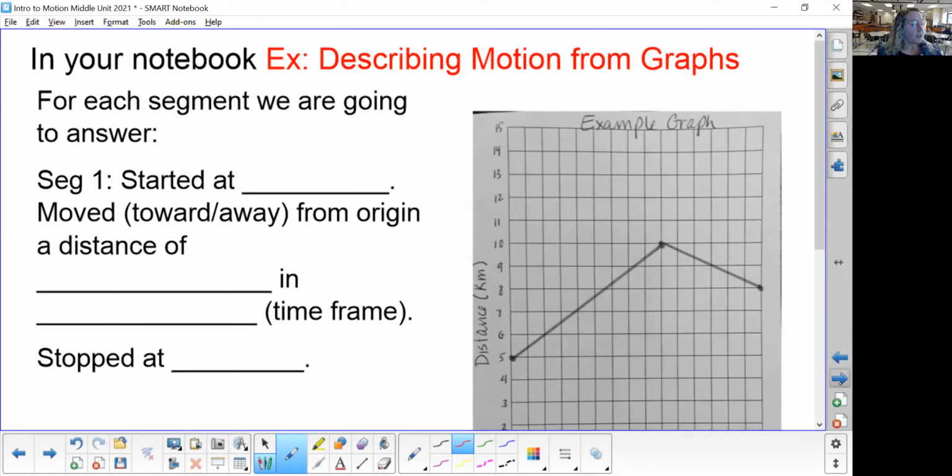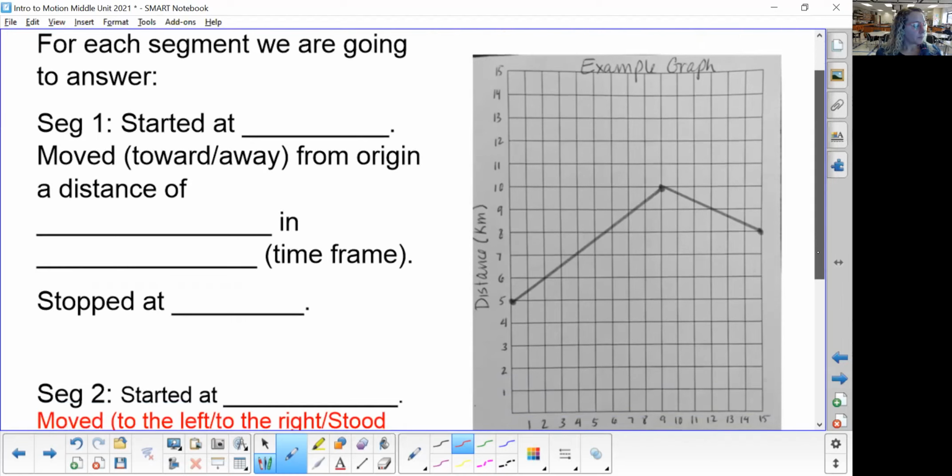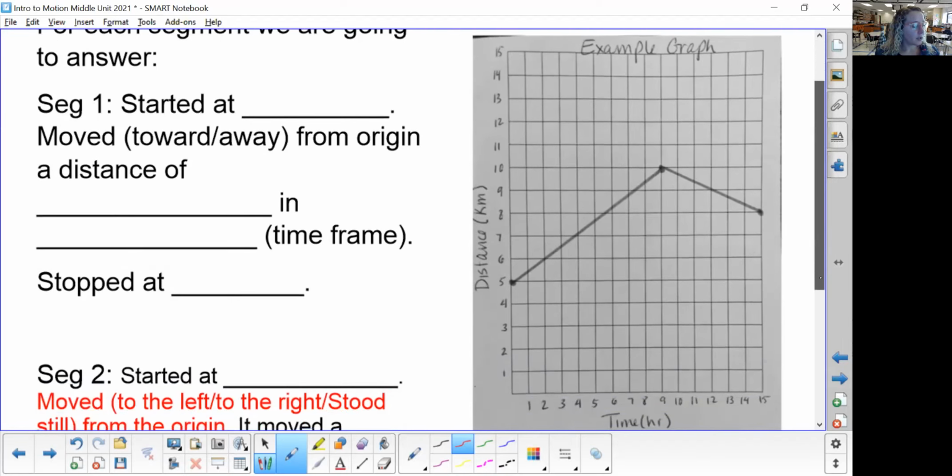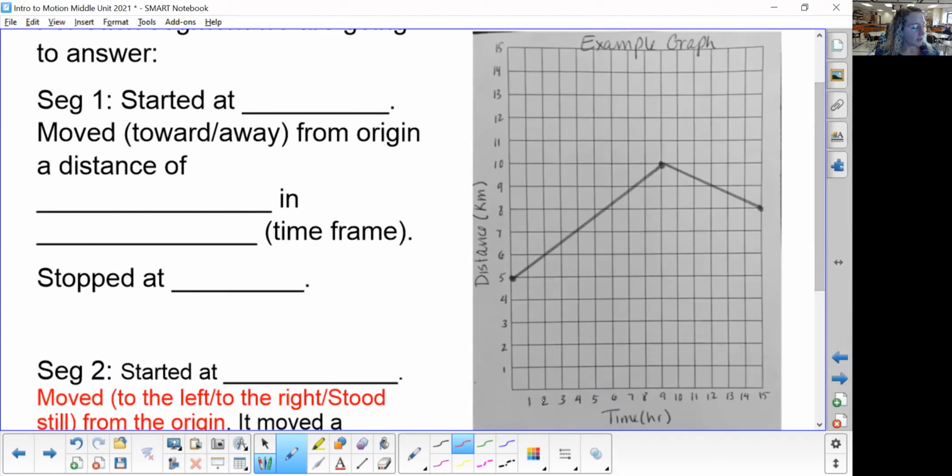So this graph here has time on the x-axis, in hours, and distance on the y-axis, in kilometers. So the slope of the line, change in y over change in x, would be kilometers per hour. That's probably the right unit.